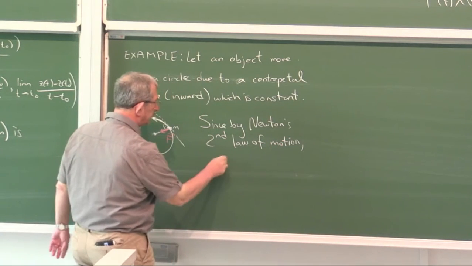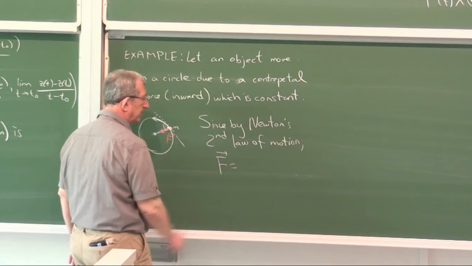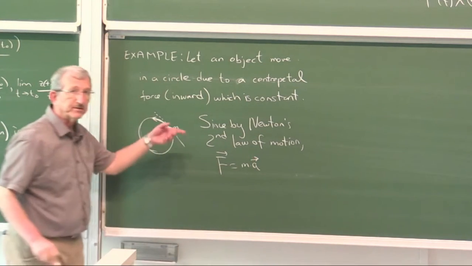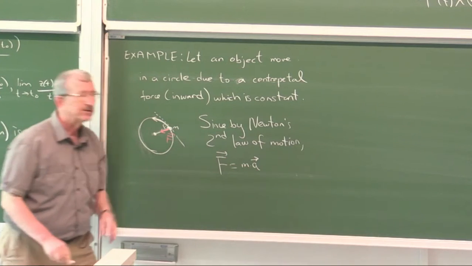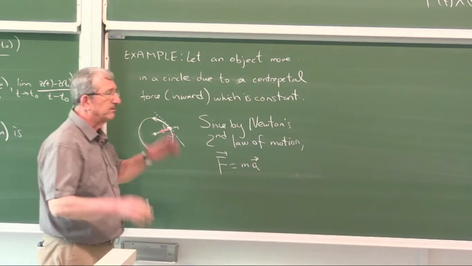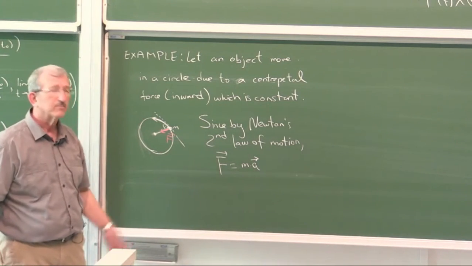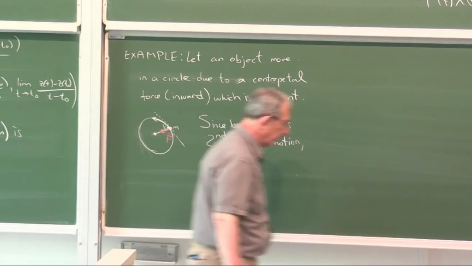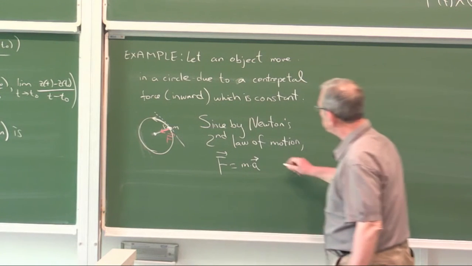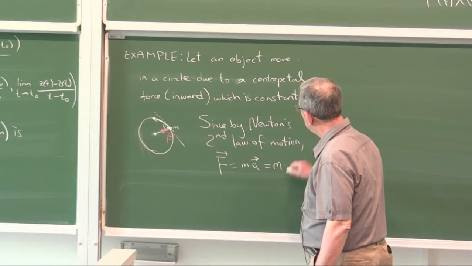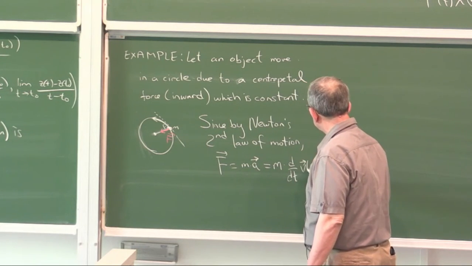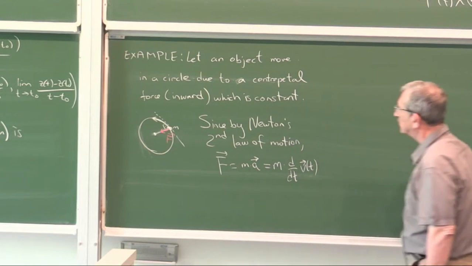this force in question is ma. Of course, a is the vector here. The mass is a scalar. It doesn't change. We are not near the speed of light, so m is constant. We are in Newtonian physics. Well, this means that this is the derivative of velocity, as we already considered.